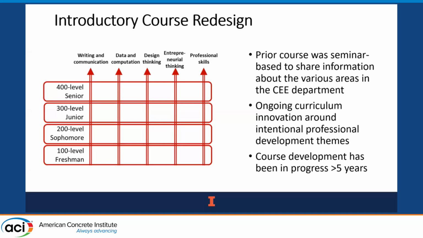So as we're going through this overhaul, we know we might have a bit of a weakness in the current form of our introduction course. We said, well, this is a great time to do a massive overhaul and look at building as much of this content into this freshman course as possible.